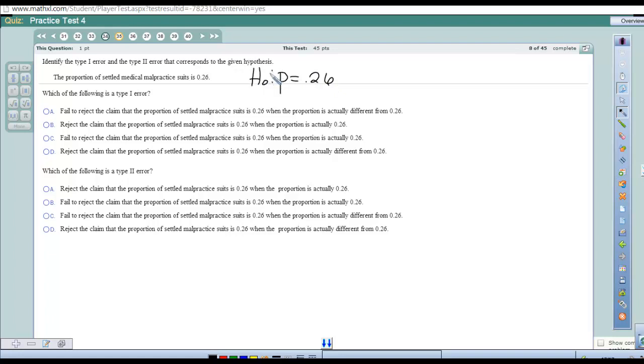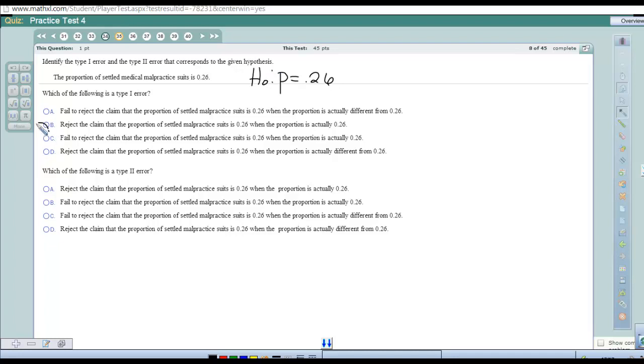The type 1 error is rejecting the null hypothesis when it's true. So reject the claim that the proportion of settled malpractice suits is 0.26 when the proportion is actually 0.26. That sounds right. B would be right.